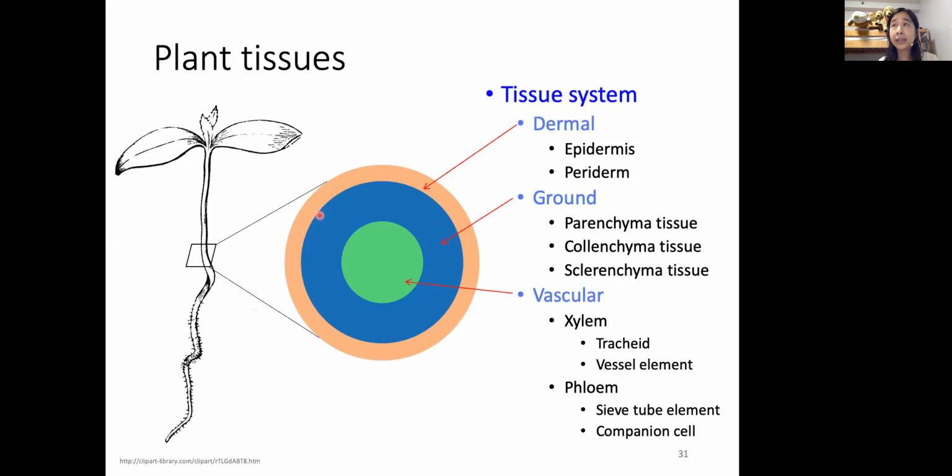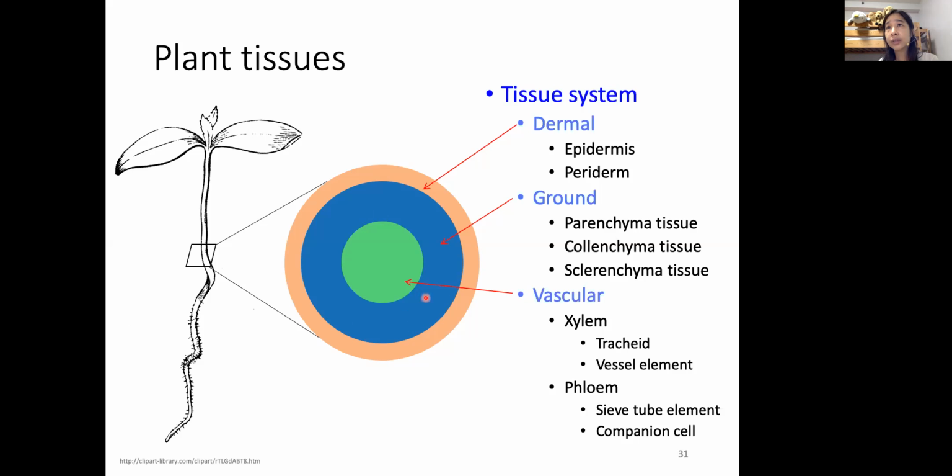For the younger plants, we have epidermis covering the whole plant, but in some plants that go for maturity, it will have periderm to replace the epidermis. The ground tissue is composed of parenchyma, collenchyma, and sclerenchyma tissues.